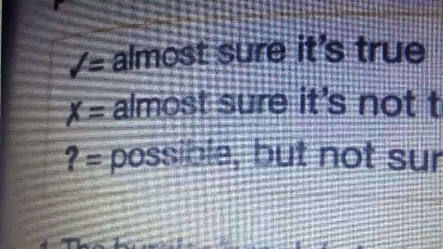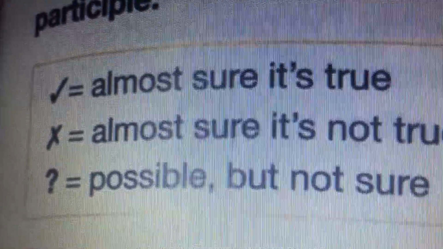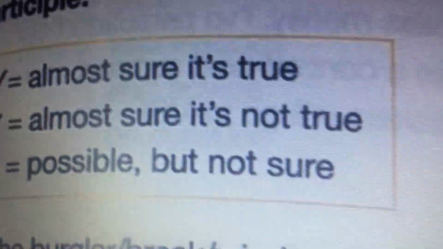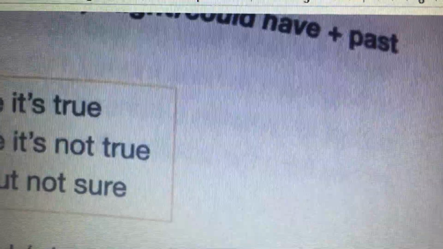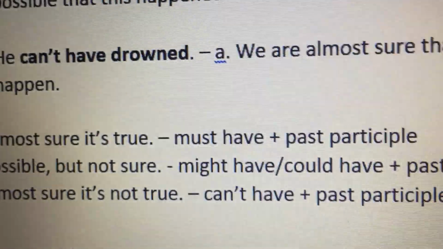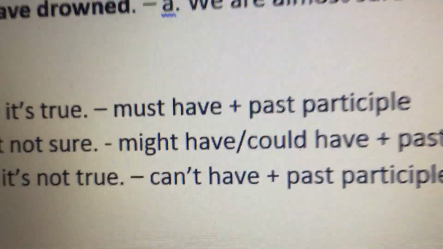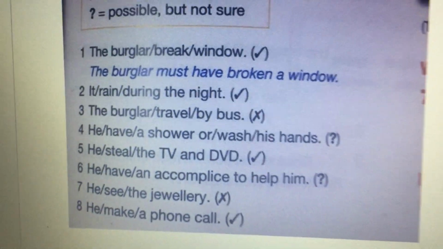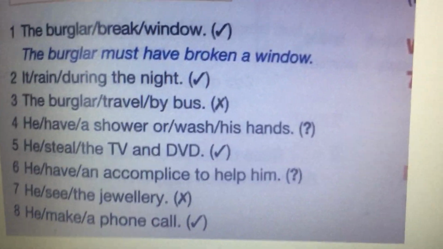And there is a question mark, possible but not true, we use could have or might have here, plus past participle. Okay, here is the exercise.